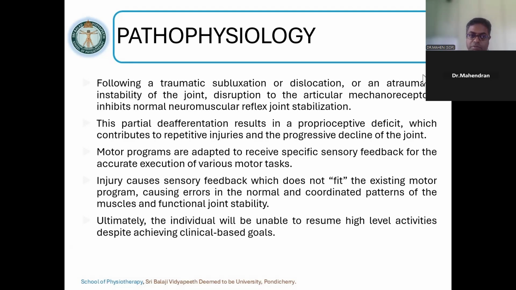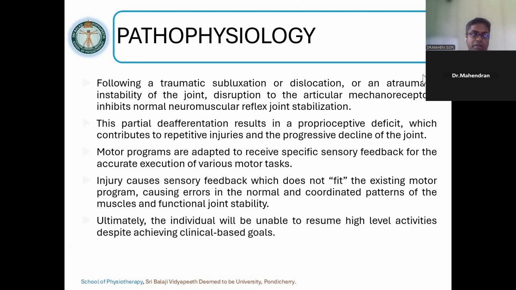So if the proprioceptive impulses are not proper, or if they have been affected by anything, the motor execution is also affected accordingly. The injury causes sensory feedback which does not fit the existing motor program, causing errors in the normal and coordinated patterns of muscle and functional joint stability.